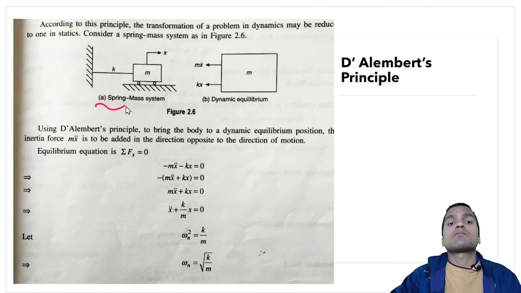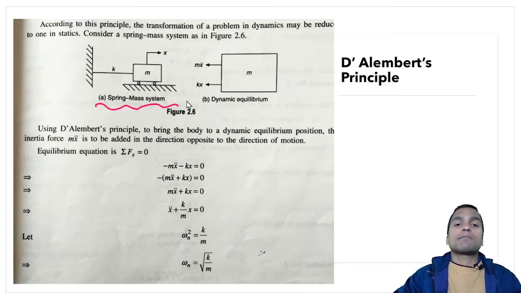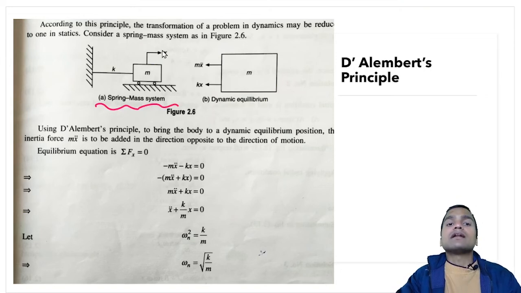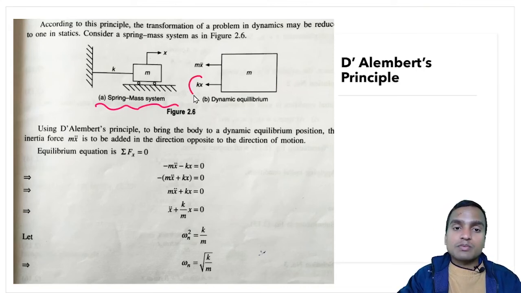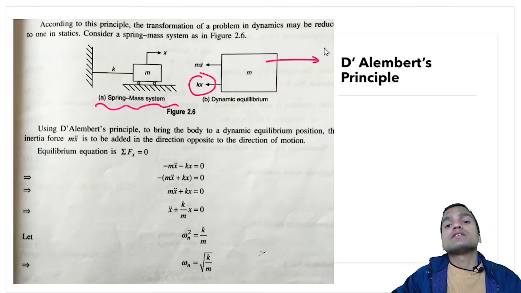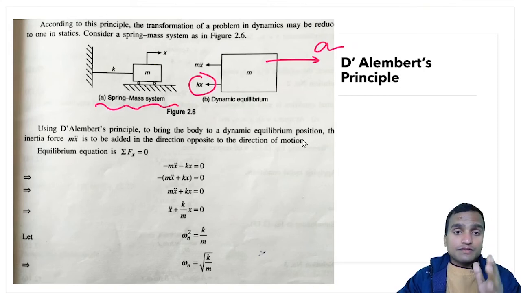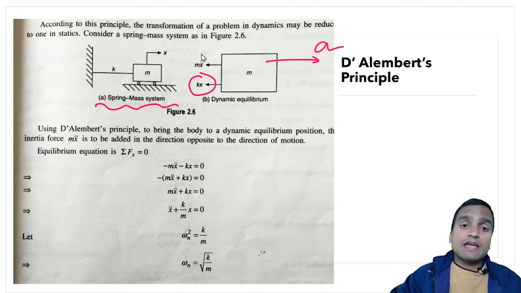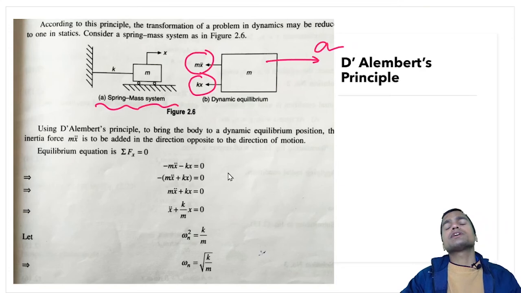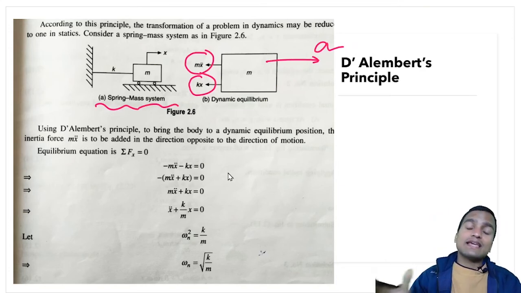Now here is a spring mass system, and there is no damping at all in this case. If we apply a force, let us say some force was applied and the block has to undergo some displacement x. So the force in the spring will be equal to kx, and this block is undergoing some acceleration a in this direction. Now we have to apply on this block some imaginary force m x double dot in the opposite direction of the acceleration.